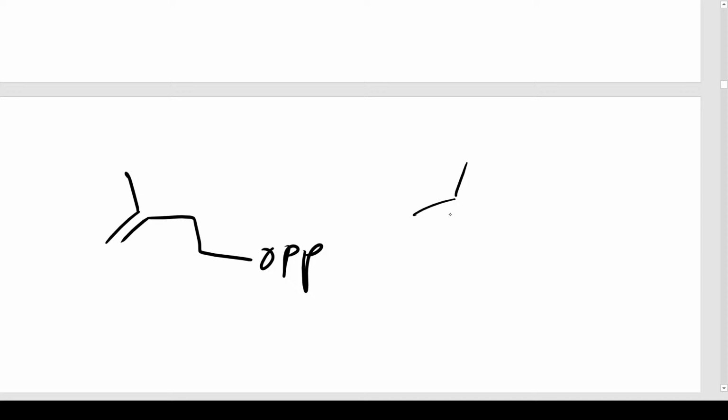So we come back. There's a very important point: the substituents can interact with each other. An elimination like this.